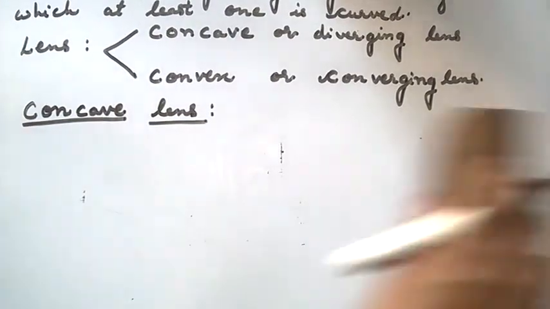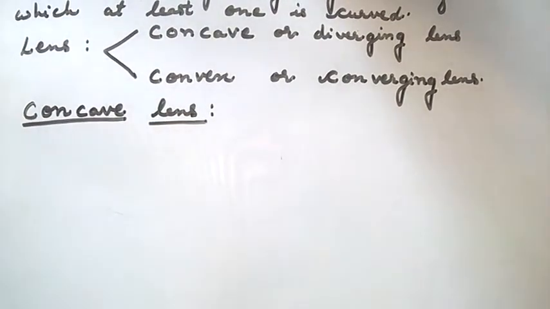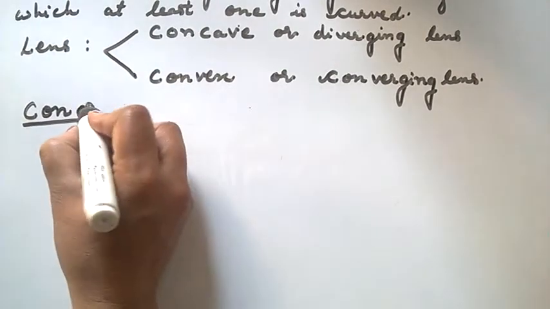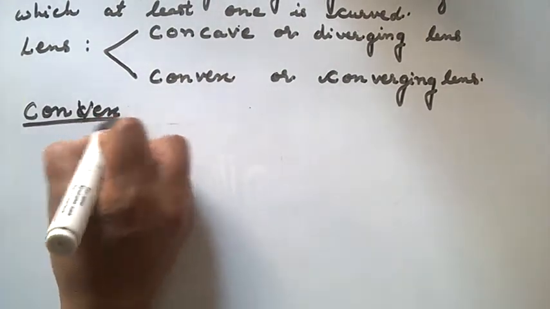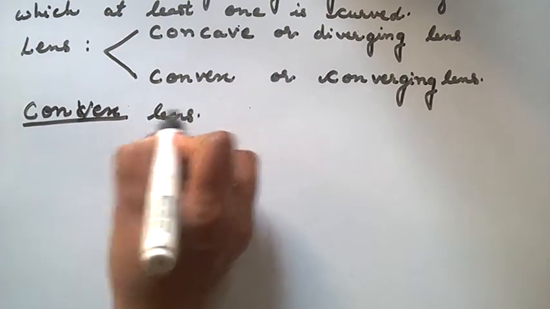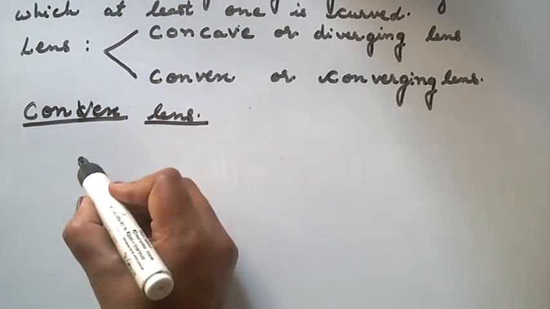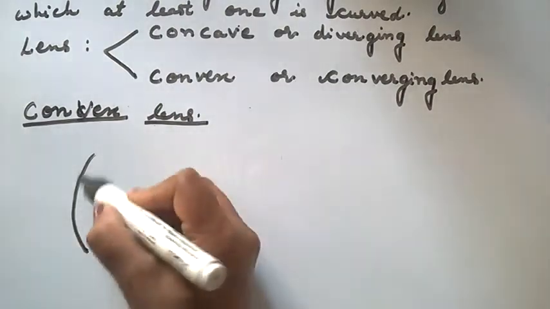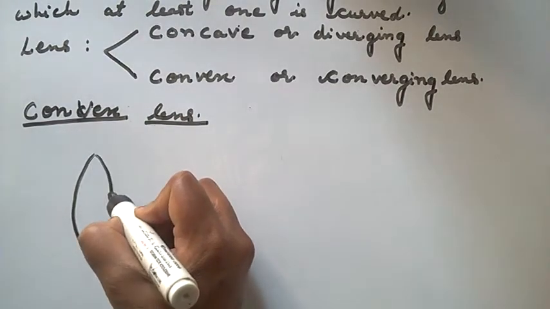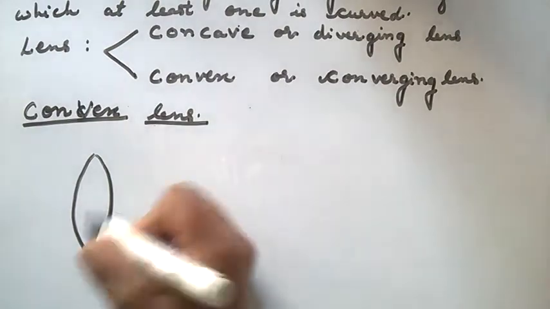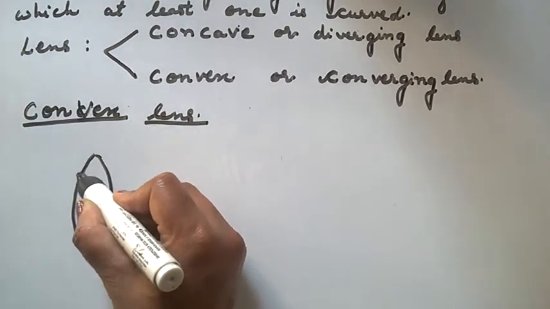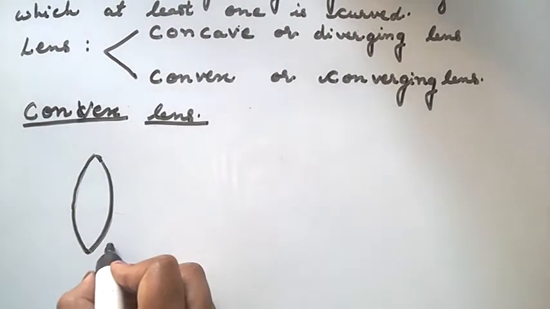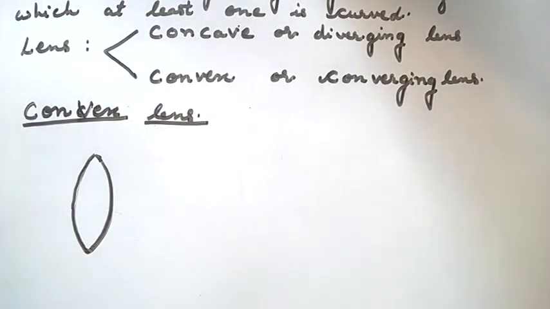Let's study about convex lens. It is thicker from the center and thinner from the edges, and when both the surfaces are curved, then that type of lens is known as double convex or simply convex lens.